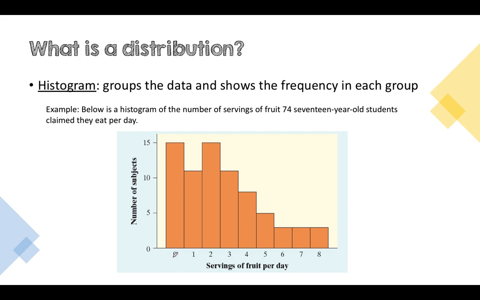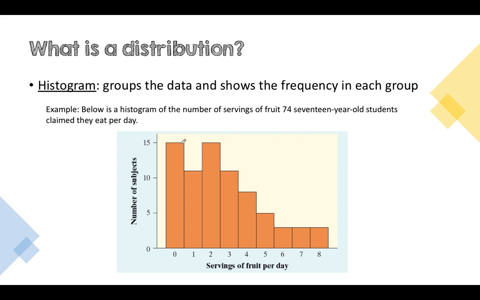And this could also include maybe a quarter or a half, anything from 0 all the way up to 1. This wouldn't be anything from 1 to 2. So this may include like 1.5 servings of fruit. Same thing here. This is anything from 2 to 3, 3 to 4, 4 to 5, and so on.